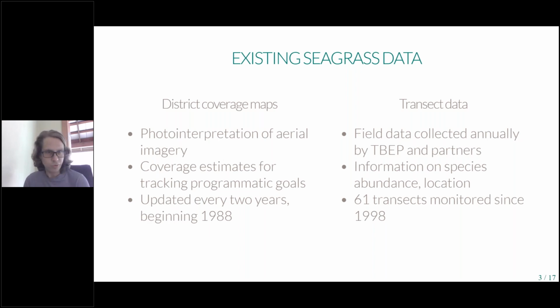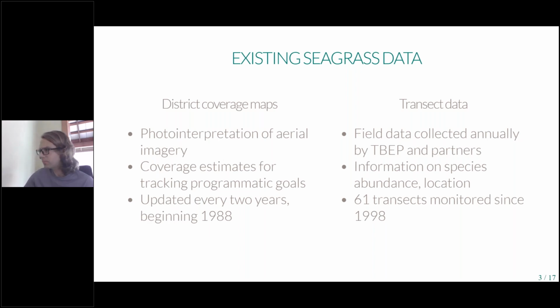Every year we have training. Actually, that's going to be coming up in the next couple of months, where we get all of our partners together and make sure that they're up to speed on field protocols that are used for getting this information. We train them up and we make sure they go out to their respective transects and they collect that information. They upload it to a centralized database, and we actually have about 30 years of data to assess from this resource.